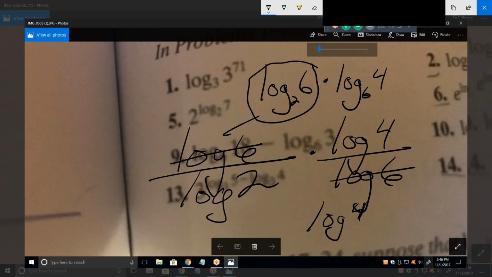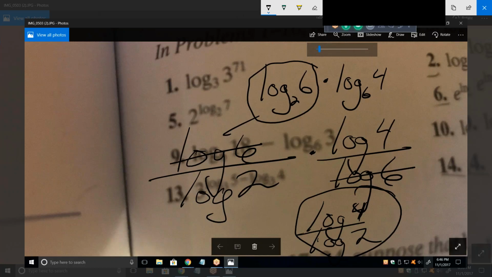Yeah, notice you can't use the division property. If it was the log of 4 divided by 2, then that would be the log of 4 minus the log of 2. But because I'm dividing the logs, that's got to be my answer. I can't simplify it anymore.